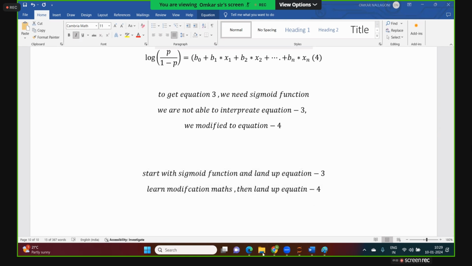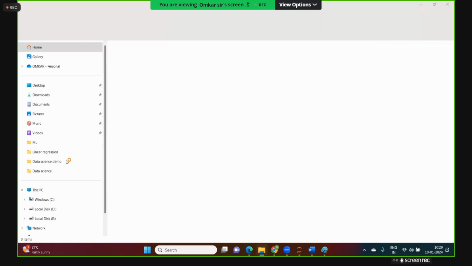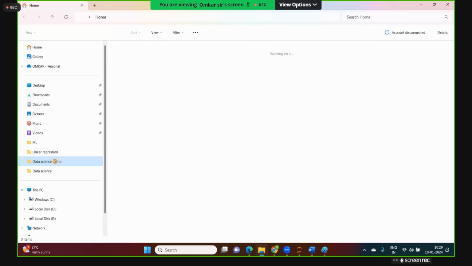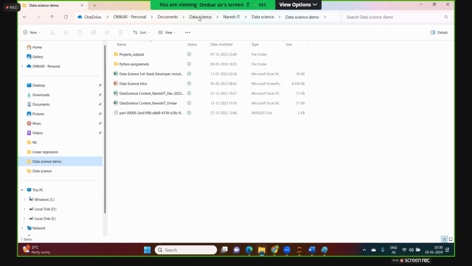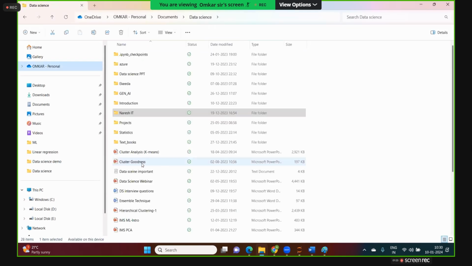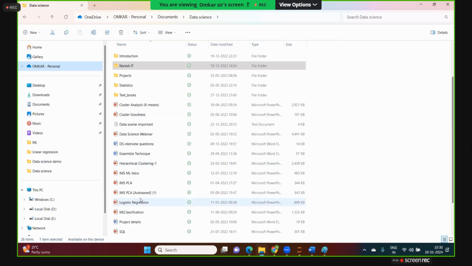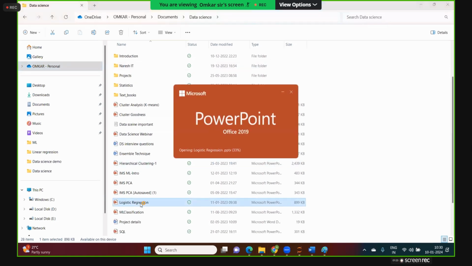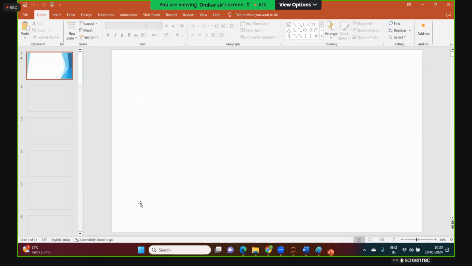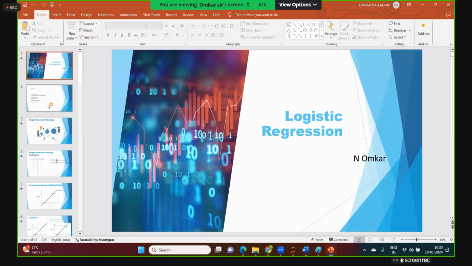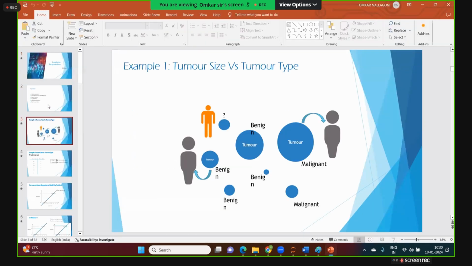We'll go to the PPT once. Logistic regression. Just look at the PPT now. So it is tumor size versus tumor type.